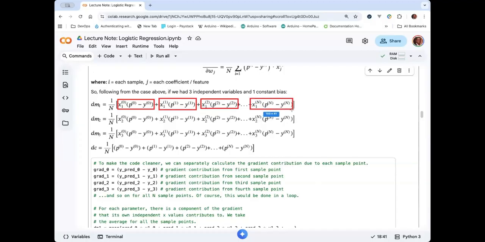So all of these each contribute an amount of error to M1. And that's why you are doing this. Then, of course, you divide by n, so you are taking the mean.